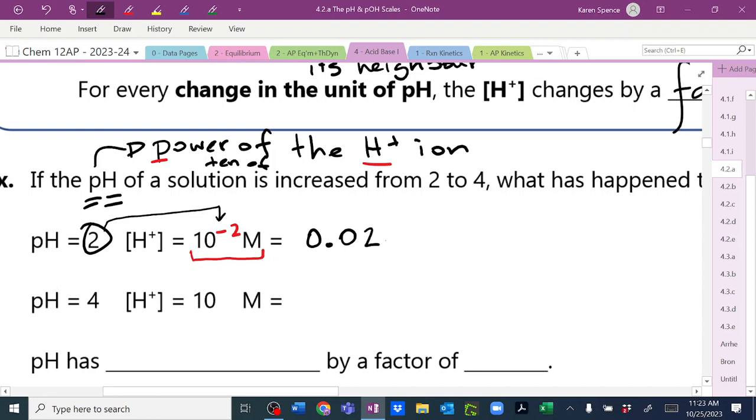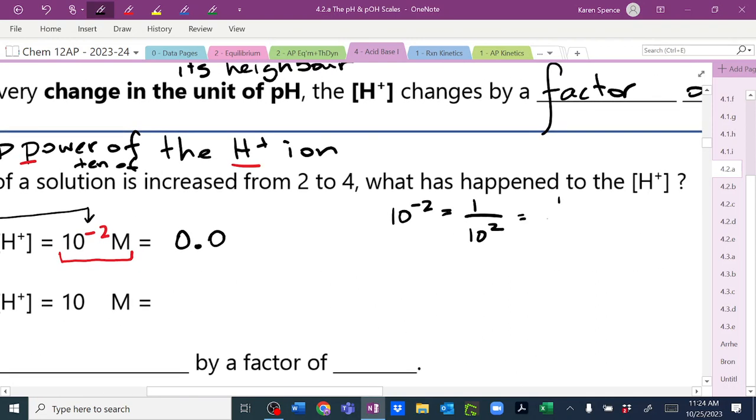Remember, 10 to the negative 2 is the same as 1 over 10 to the 2, which is the same as 1 over 10 times 10, which is 1 over 100, which is 0.01.